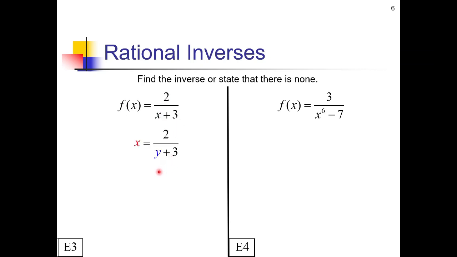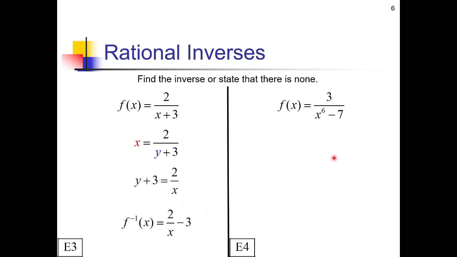And for this one, to get y out of the denominator, because that's ultimately what we have to do, we could multiply both sides by y plus 3, and then I'm going to immediately divide by x. So basically, this is kind of like cross-multiplying, only you're switching these two things. So we have y plus 3 equals 2 over x. And then just to get y by itself, we can just subtract 3. So that'll be f inverse of x equals 2 over x minus 3.